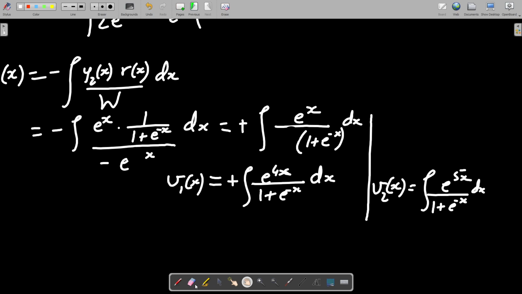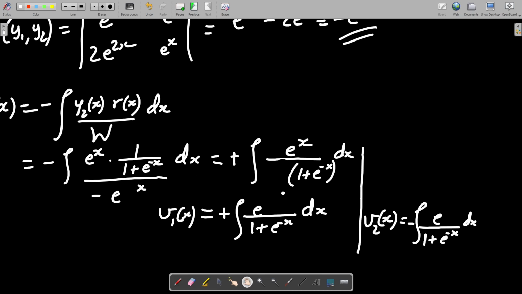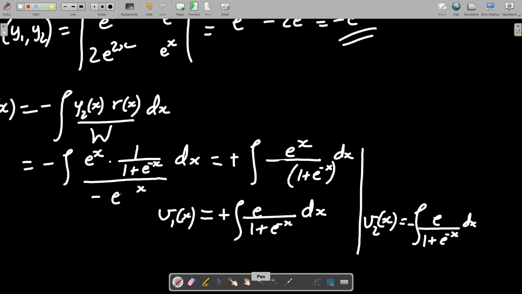Yes, so I'll have to change these terms here. Okay, so this will come with a minus sign up. V2 will have a minus sign up because of the denominator. And this is plus 3x.